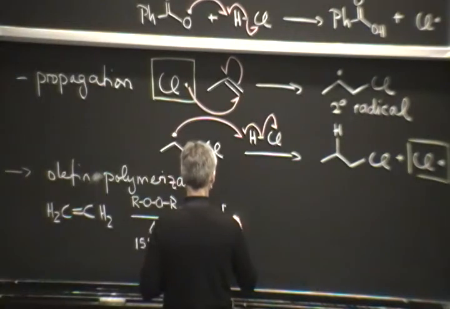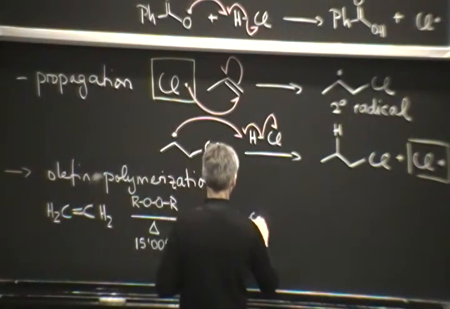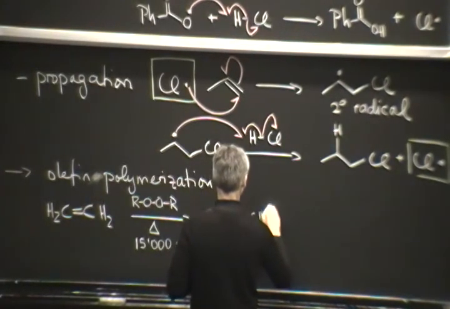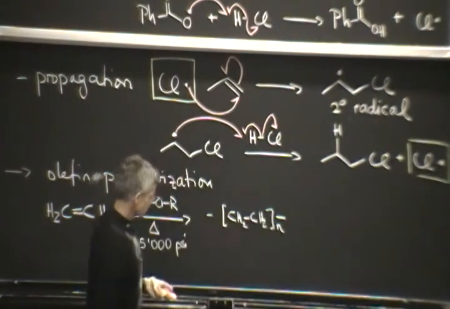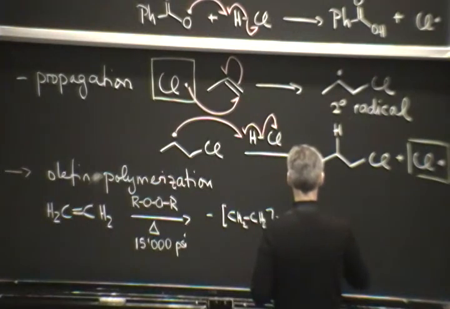So we get from this process what I call a polymer chain, and this is polyethylene.